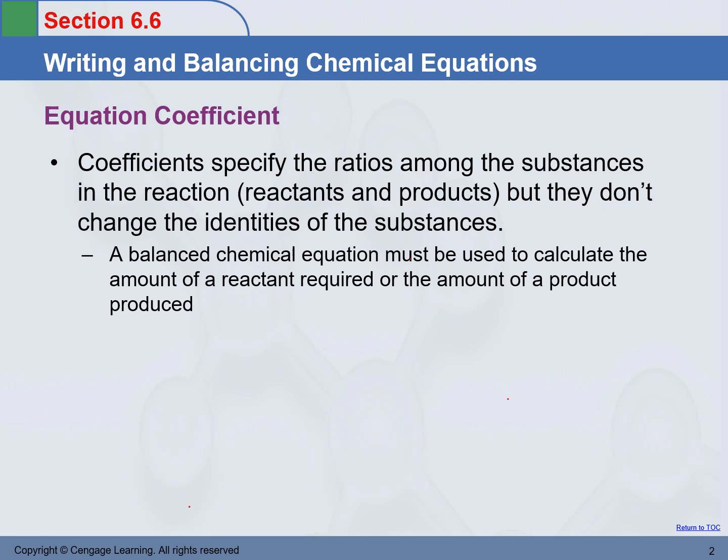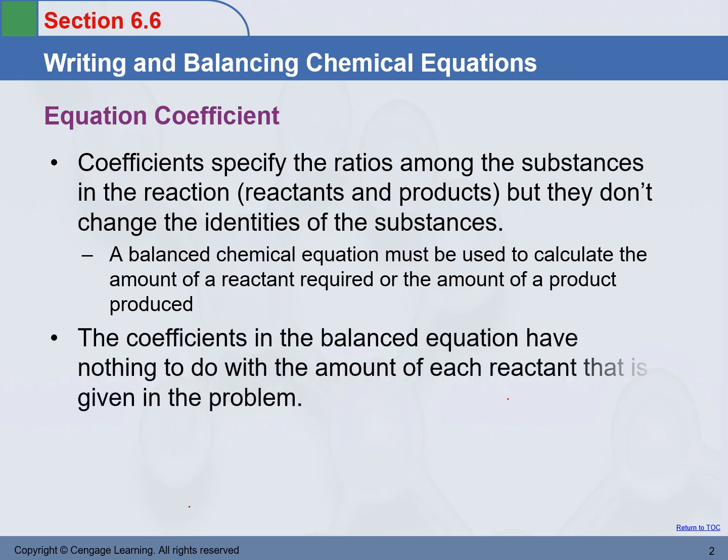So you must balance a chemical reaction before you use it to do calculations. The coefficients again tell you the ratio between any 2 substances in the reaction, but they have nothing to do with the amount of the substances used or produced.